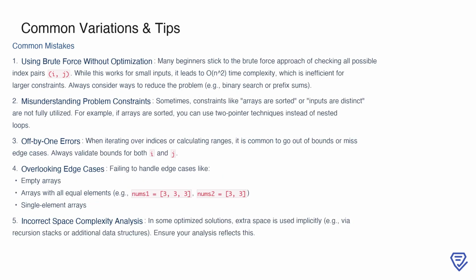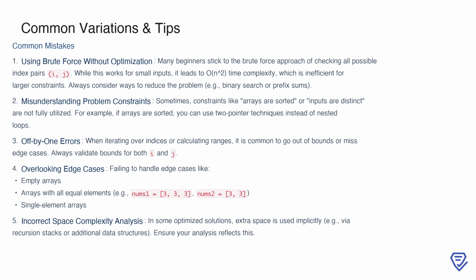When solving this problem, there are several common mistakes to watch out for. First, relying on a brute force approach to check all possible index pairs (i, j) is often where beginners start. While it might work for small inputs, the O(n squared) time complexity makes it impractical for larger datasets. Instead, look for ways to optimize, such as using binary search or prefix sums.